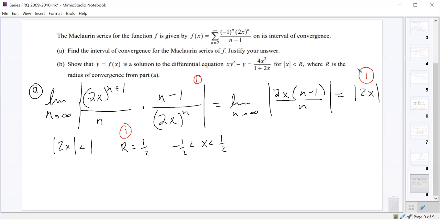So checking your endpoints. So if we look at -1/2, this should then become -1 to the n, and then another -1 to the n.